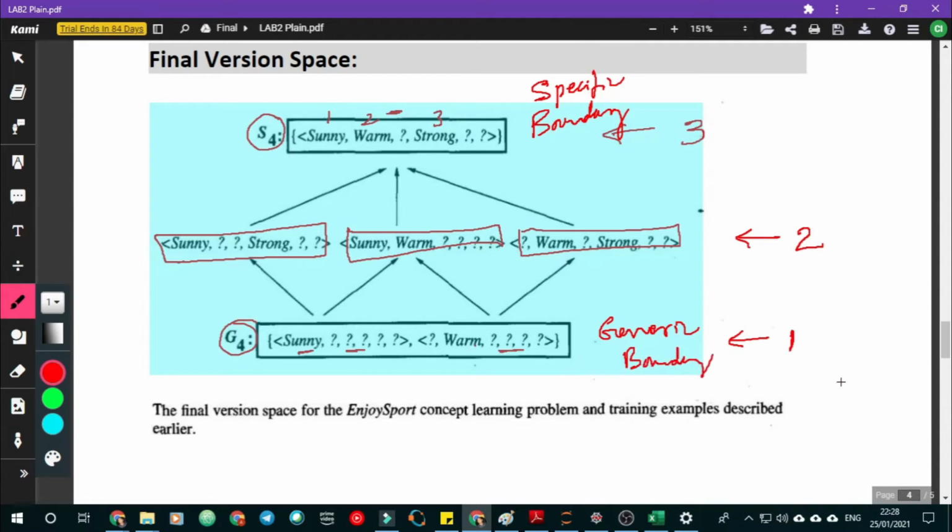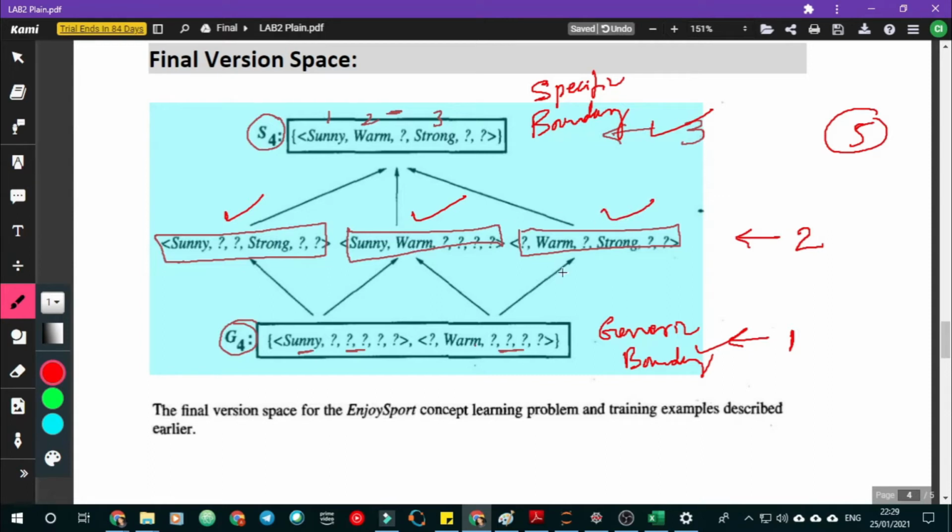So now coming to the fifth data sample, if I read the fifth data sample, the candidate elimination algorithm ensures that the hypothesis should lie in between the specific and the general boundary. That means the hypothesis can be this or this or this.